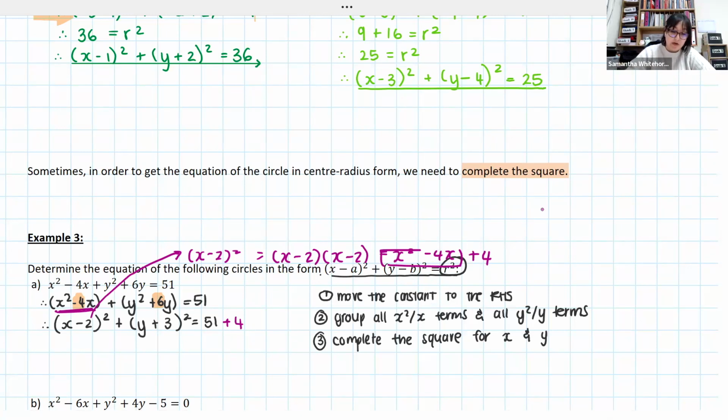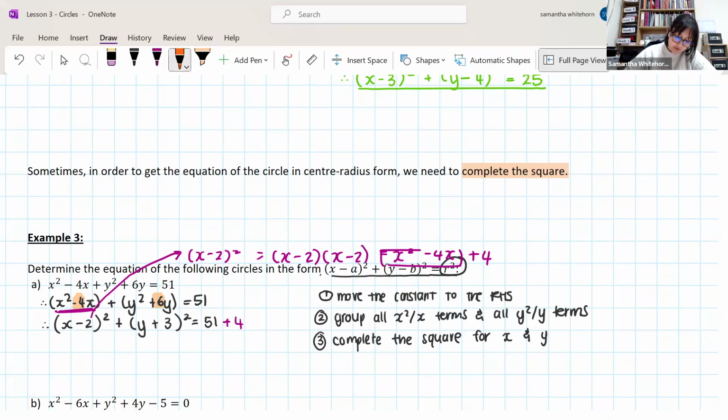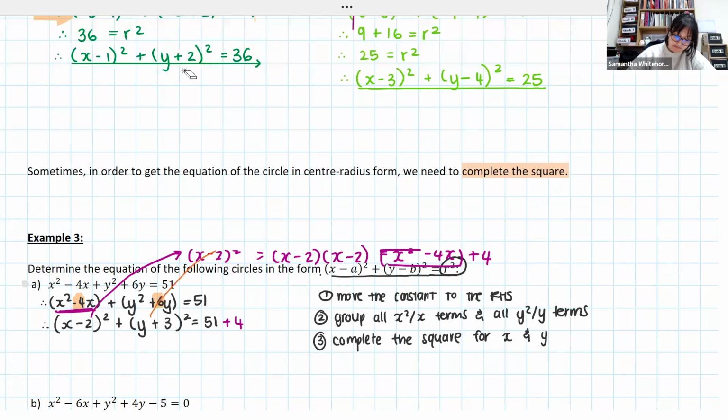That's it. The same thing is going to be true for y. So for this y plus 3 squared situation, we're just going to go the other way. You have done exactly the same thing.